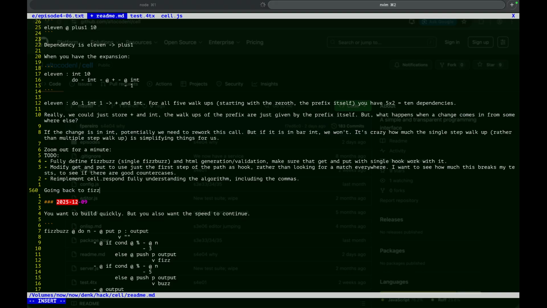I'm back to FizzBus. Dependencies are none? No, of course they are.